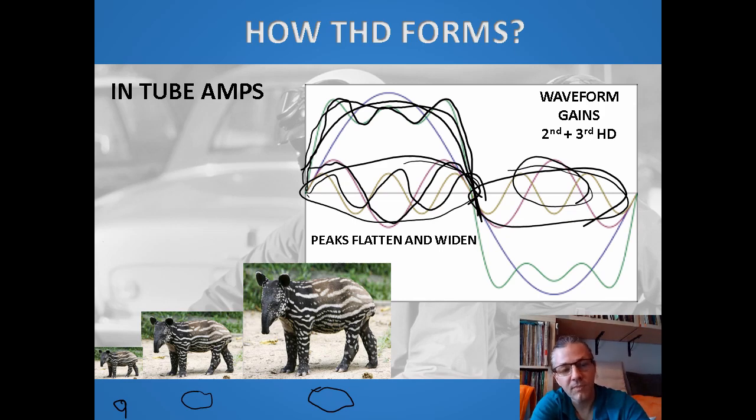So you have a nice sine wave. Let's say this is a bass note, and we are talking about bass because that's the hardest region to reproduce for any amplifier.